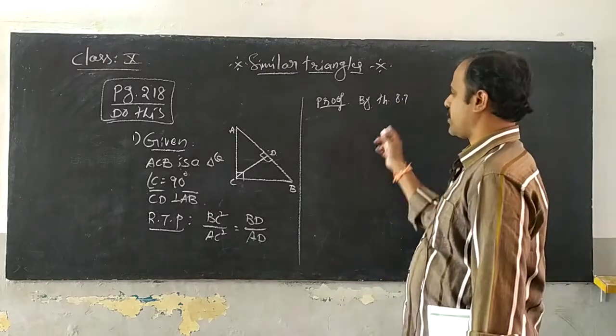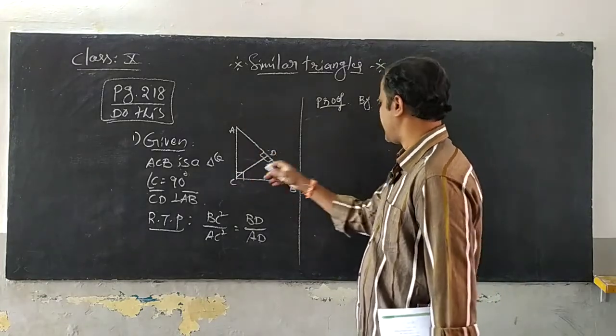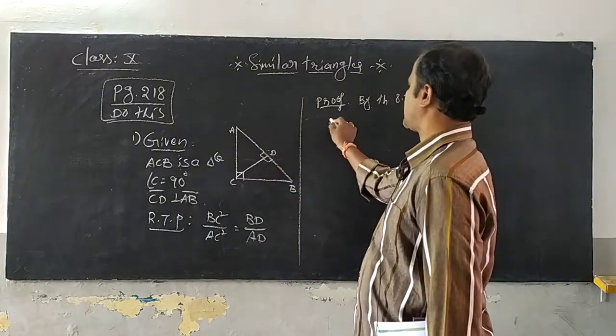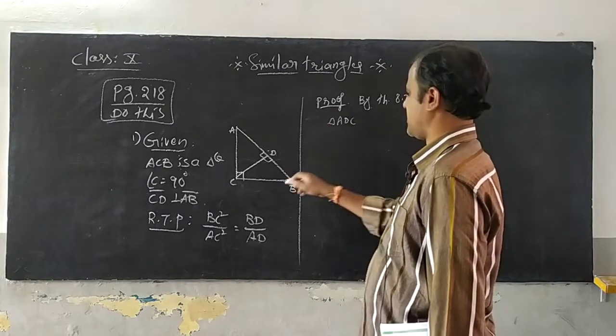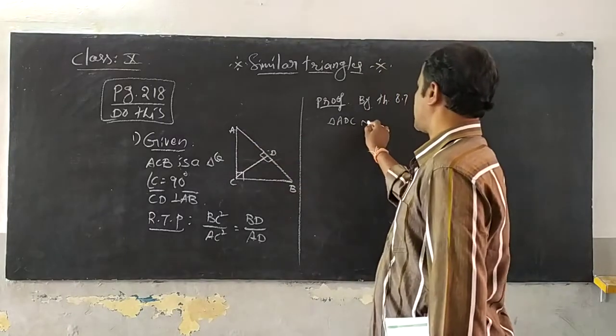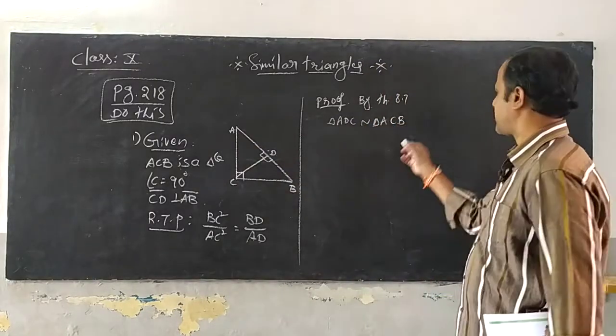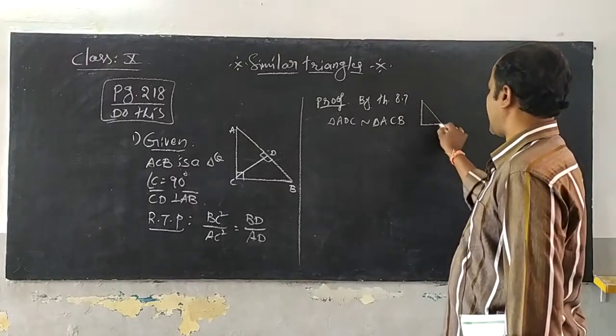By theorem 8.7, see, I take the triangle ADC, similar to triangle ACB. Okay, if you want, you can draw the figure here. I am drawing the figure.